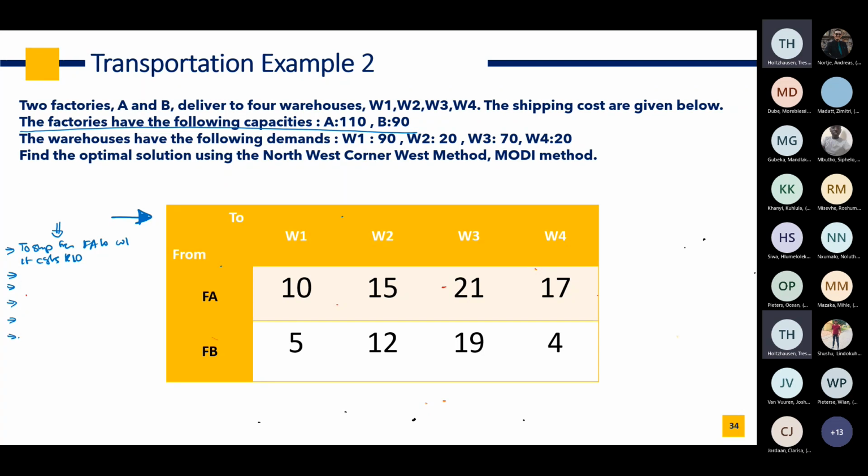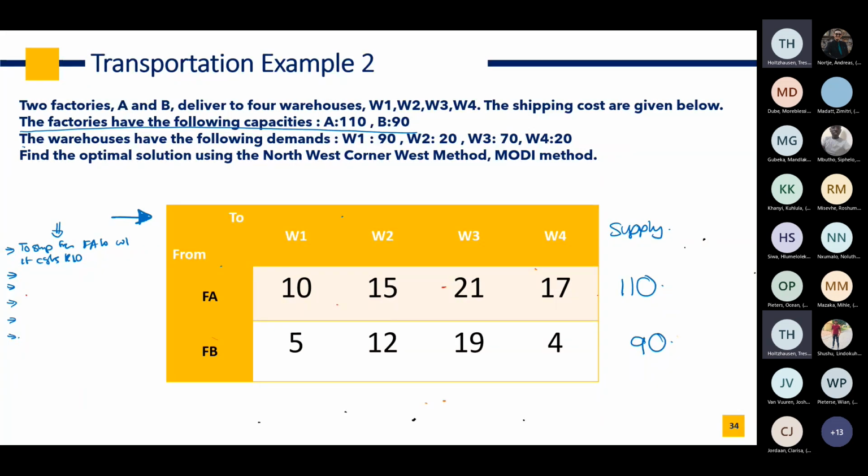So factory A can only supply 110 units and factory B can only supply 90 units. So you have the 110 over there in a new column called supply, and then the 90 over there because it can only supply 90 of them.